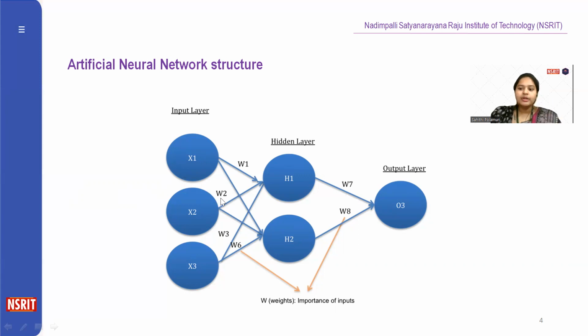Weight represents the strength of connection between one neuron and another neuron. Our final output will depend on these weights only. That is why weights are a very important parameter in an artificial neural network.